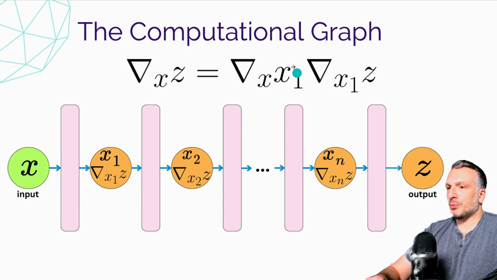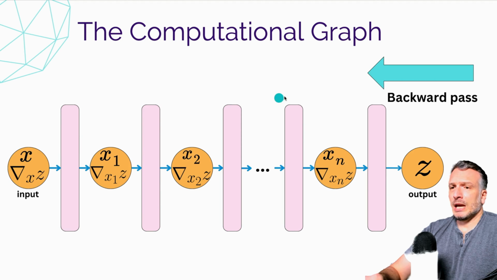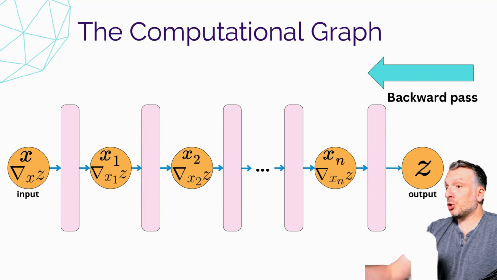I just need to compute the gradient of x1 with respect to x, and I can simply compute this gradient by backpropagating the gradients through this computational block. And I can finally store the gradient at this node x. And this is a backward pass. I was able to compute the gradient of the output with respect to the input by iteratively applying the chain rule and capturing the different gradients at the different nodes of the computational graph.